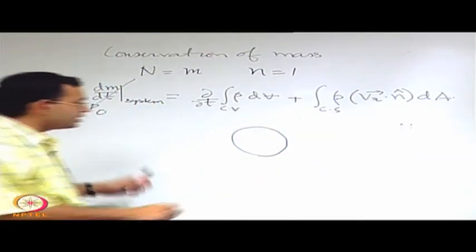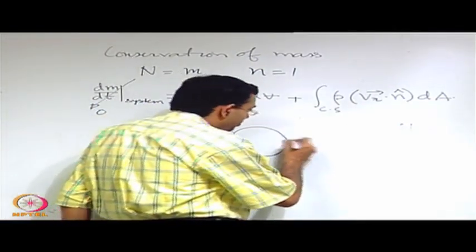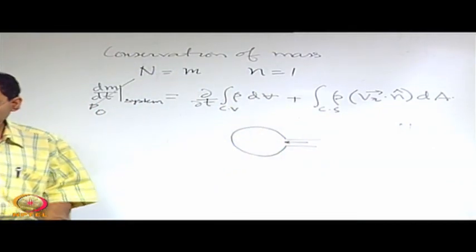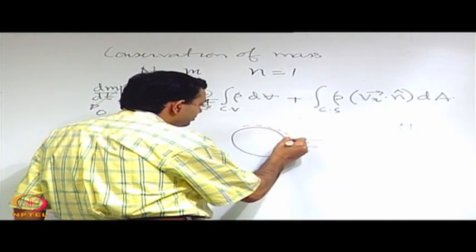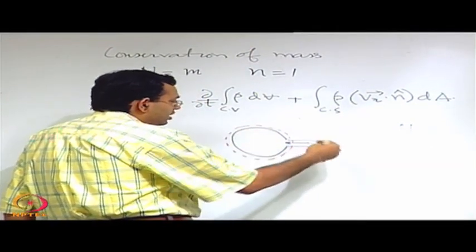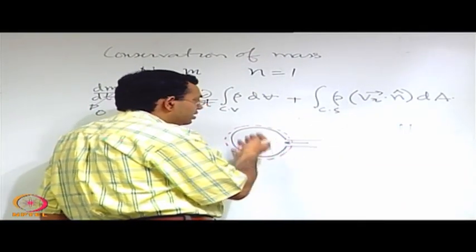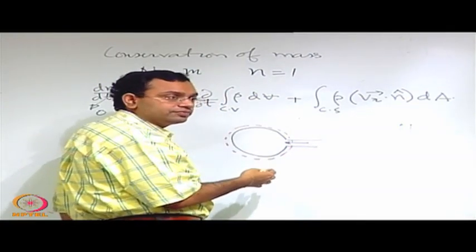Initially the balloon is very small, but you are pumping air into the balloon, so it is getting inflated. If you consider the control volume encompassing whatever air is there within the volume, then that volume is changing with time, right.